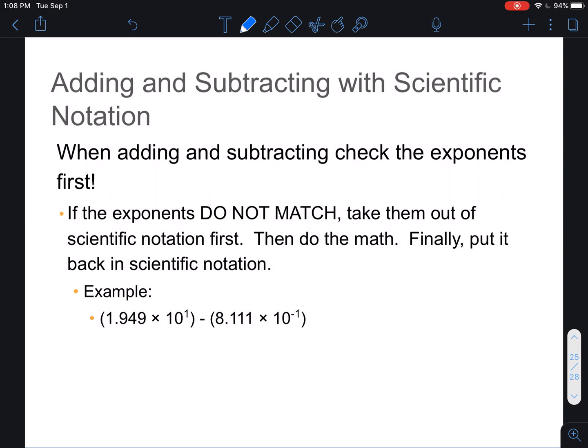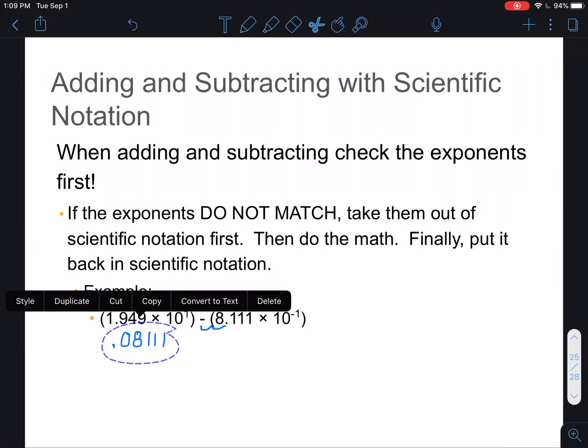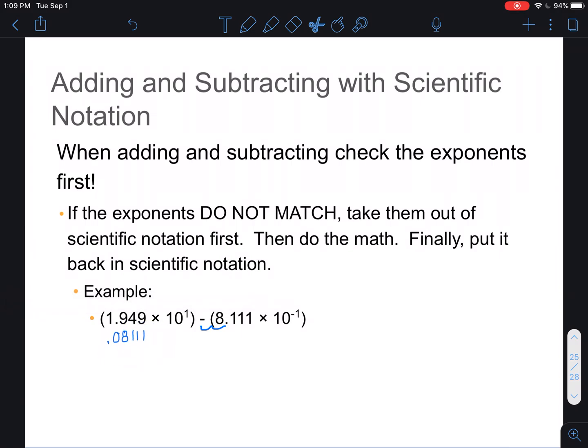So for this example, I am going to take the 8.111 out of proper scientific notation, and that will give me 0.08111. Actually, I'm going to write this over here a little smaller so it lines up.